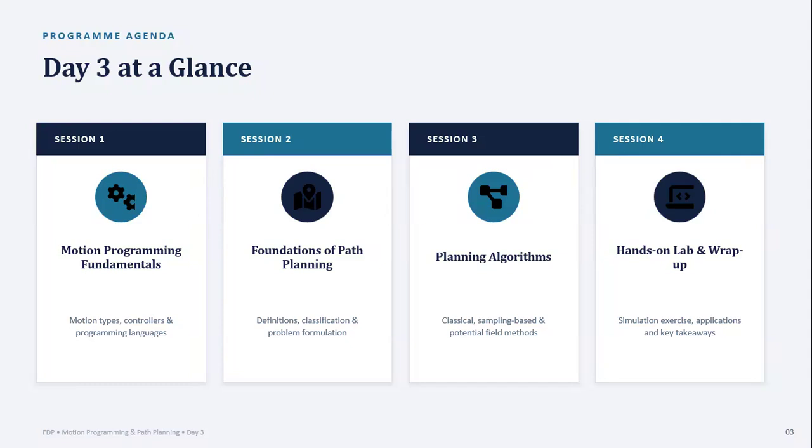Then we explore classical and modern planning algorithms such as Dijkstra's algorithm, A-star algorithm, rapidly exploring random tree algorithm, and the probabilistic roadmap algorithm. These are the set of algorithms used for path planning operations in industrial robotics. Finally, we conclude with basic simulation exercises and key learning outcomes.